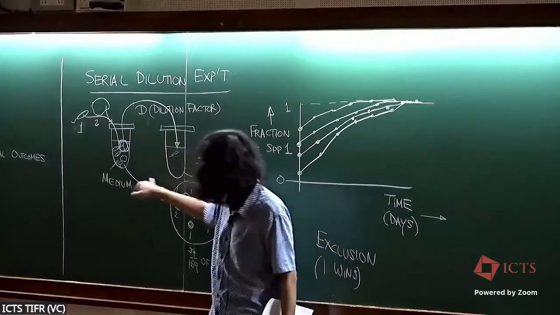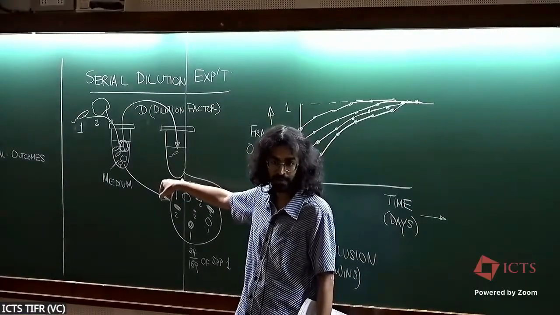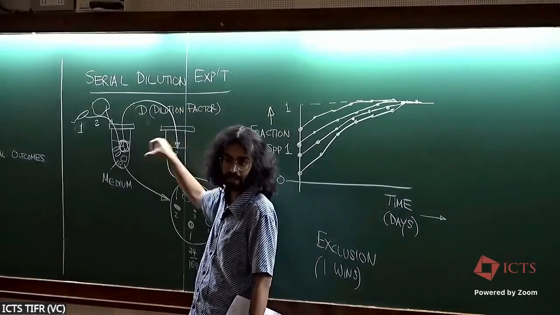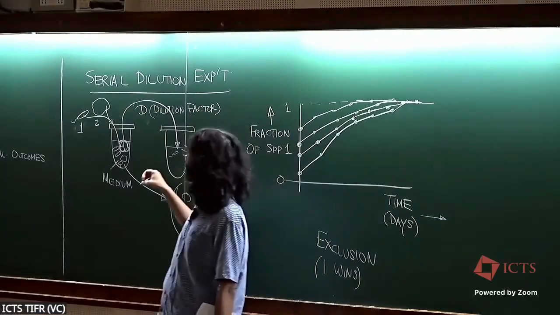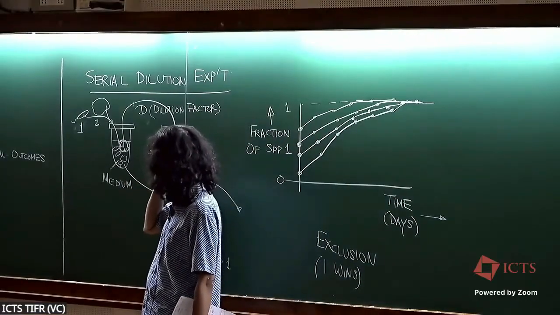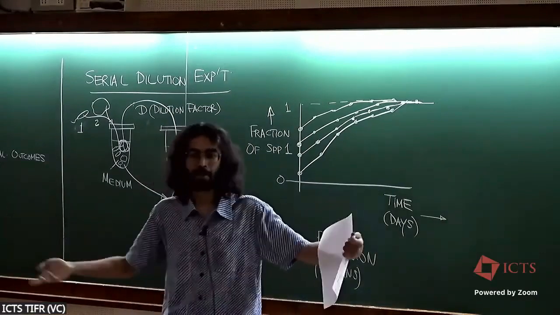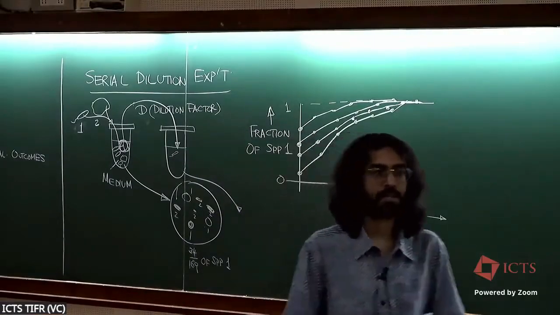The time between dilutions will be a constant, usually some multiple of 24 hours for obvious reasons. The amount of nutrient in the medium that's provided every time is also a constant chosen by an experimentalist. What else would be a constant? I mean, you'll try, of course, to make the rest of the conditions of the laboratory as constant as possible, temperature, where you do the experiment, et cetera, et cetera.